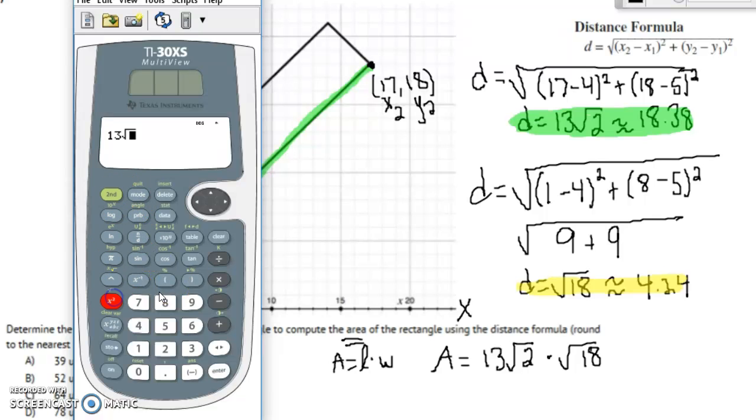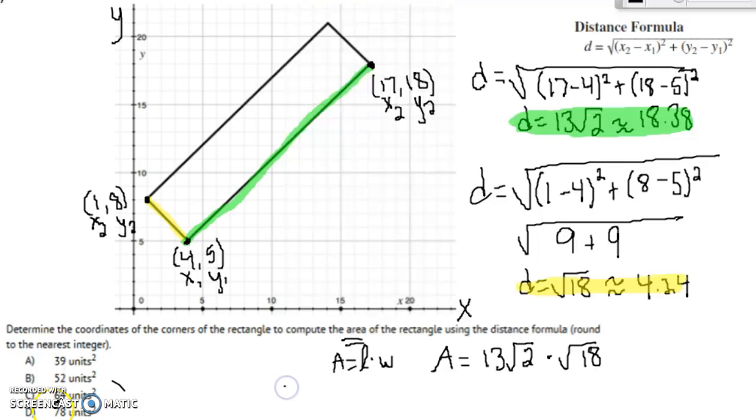So I'm going to do 13 square roots of 2 times the square root of 18, and I got 78. Now if you did round, if you used 18.38 times 4.24, you would get close enough to know that it was going to be the same answer. It was going to be 78. So our area here is 78 units.